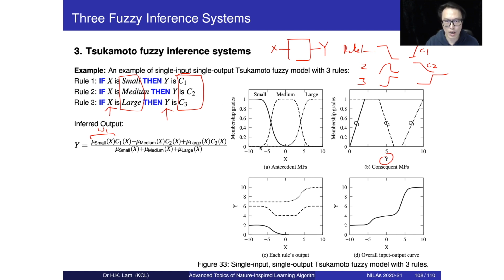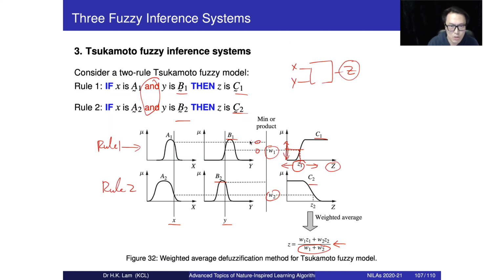So when we have this value as the output, this will be w1. This w1 is actually this mu small x, so this is w1. If we have two inputs, we need to pick one from here.